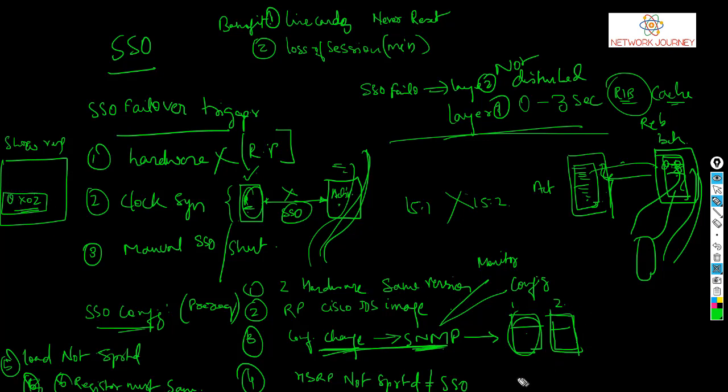And there is one more prerequisite: when I have two boxes, active and standby, and the startup synchronization between active and standby happens, configuration is not allowed. If you try to make a configuration change, you will be prompted with a warning message that you are under SSO mode and not supposed to make any configuration changes.